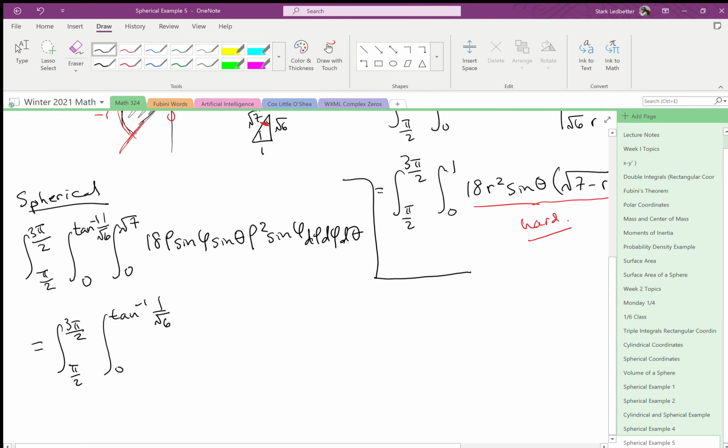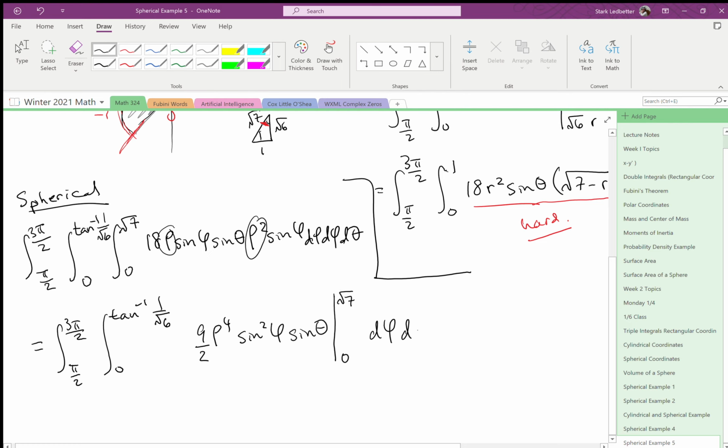And then, so what do I have? I have rho cubed, so that's rho to the 4th, and 9 over 2 is what the constant will be. Sine squared phi, sine theta, we leave that alone. And then rho goes from 0 to root 7. And then we've integrated with respect to rho.